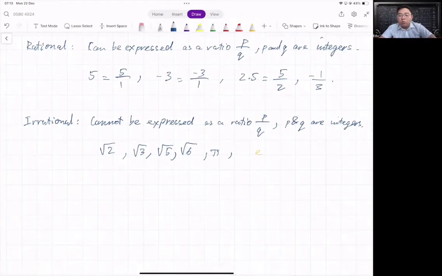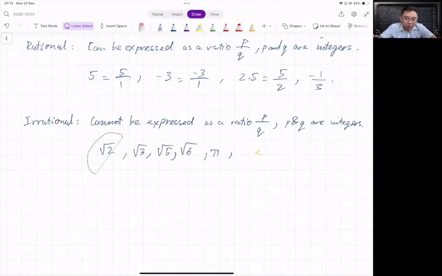Now, most of the time when I see these irrational questions, it is going to be in your calculator paper. So even though this is non-calculator, I'm going to tell you some tricks to use when it comes to the calculator paper.